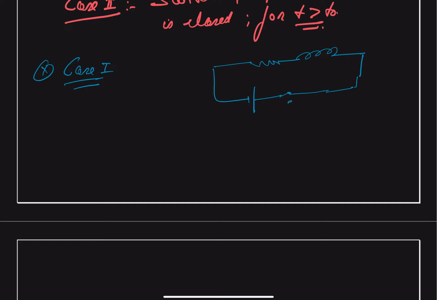So this is our S1, this is our R, this is our inductor L, and the source is given as E. So under this condition we have a series RL circuit.